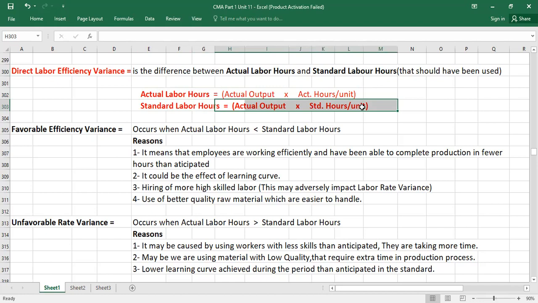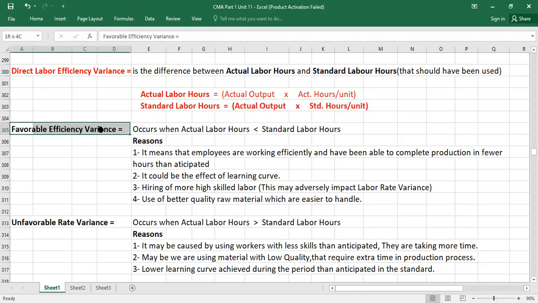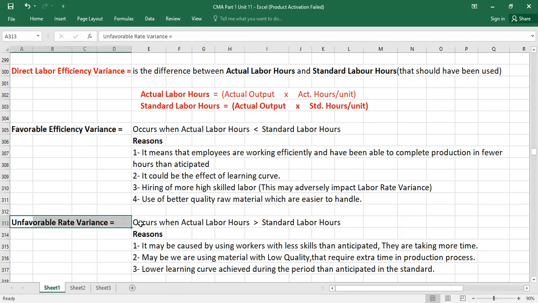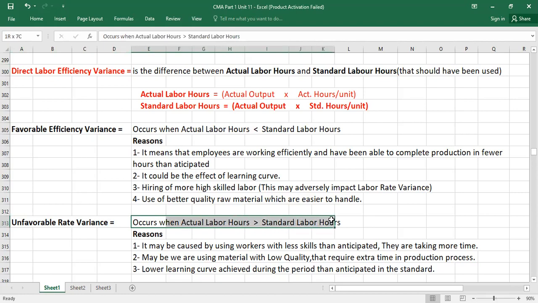Standard hours are also called budgeted hours. And favorable efficiency variance occurs when your actual labor hours are less than standard labor hours, and the unfavorable efficiency variance occurs when actual labor hours are greater than standard labor hours.